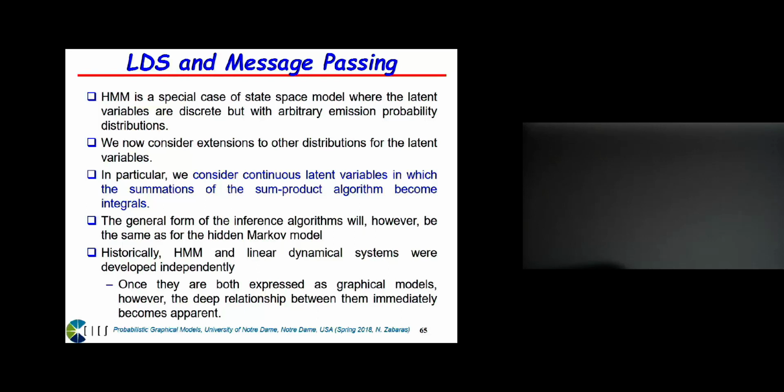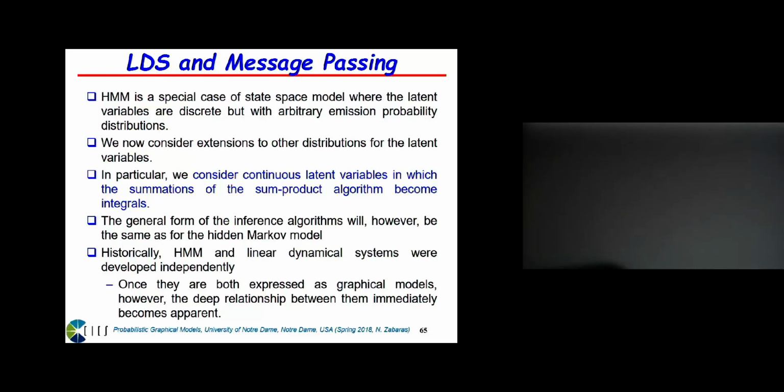We said there are these independence relations, and playing with probability laws, we derived the Kalman filter equations. So what I want to show you is that, in essence, everything we learned about message passing, when we apply it to linear dynamical systems, will give us directly the Kalman filter equations, and can be generalized as well.